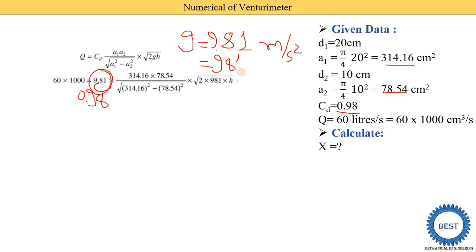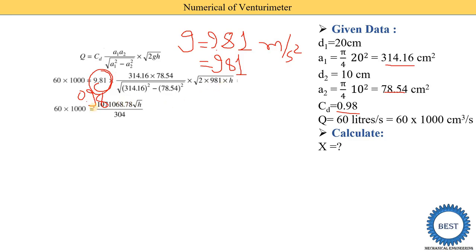So here we put this value of G, 981, into this H. So we put all these values, and we are able to find the H. Further we simplify it. Here we multiplied all the values: 0.98 into 314.16 into 78.54 into under root of 2 into 981.